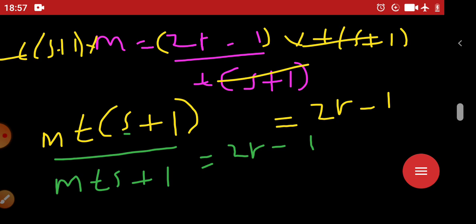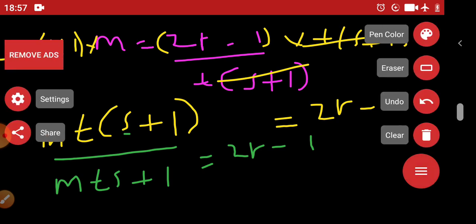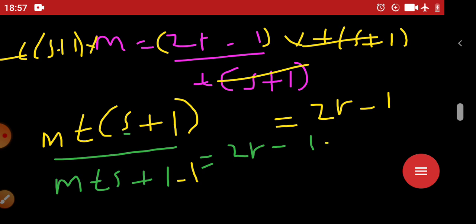Here you can see that you can take the positive 1 to the other side. So subtract 1 both sides. So we'll have mts is equal to 2r minus 2, because negative 1 minus 1.